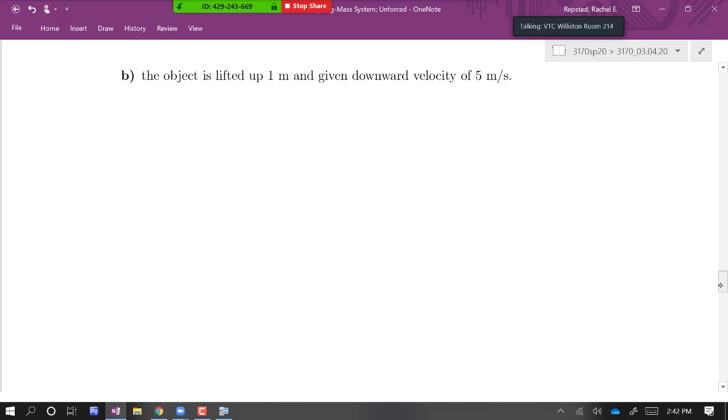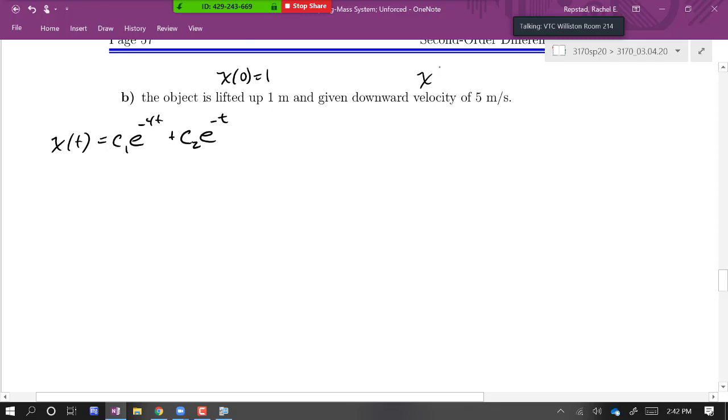So that doesn't change our homogeneous solution. We're still working with x of t equals c1 e to the negative 4t plus c2 e to the negative t. It just changes one of our initial conditions. It's lifted up 1 meter, so x of 0 is still 1, but now x prime of 0 is negative 5.